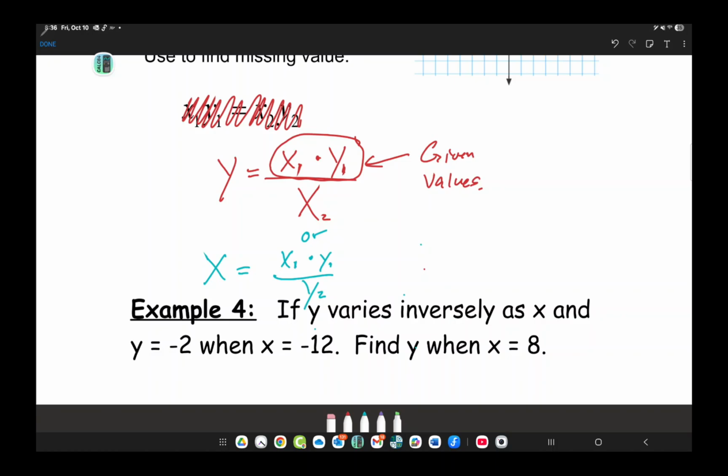Now the next part is we're just going to multiply the two values they give us together. That's your numerator. Whatever it is, the two values they give us is your numerator. If they want to find y, then it's y equals that product over x. If they want to find x, it's that product over y. So again, go ahead and write that down if you haven't written this down. Now we're going to answer your homework. It's going to be important.